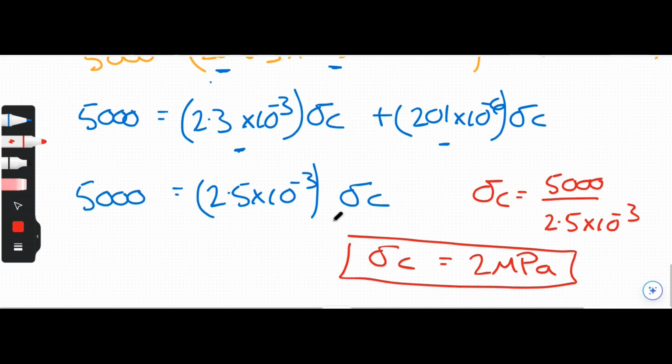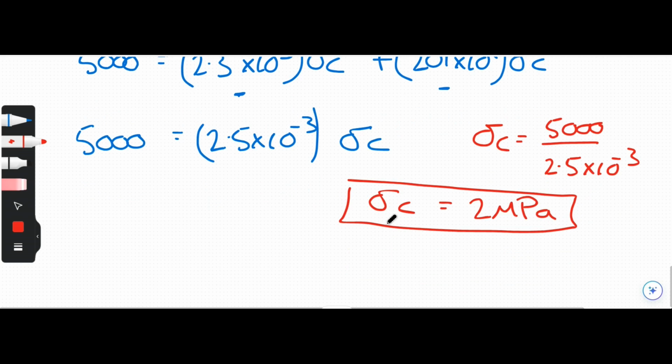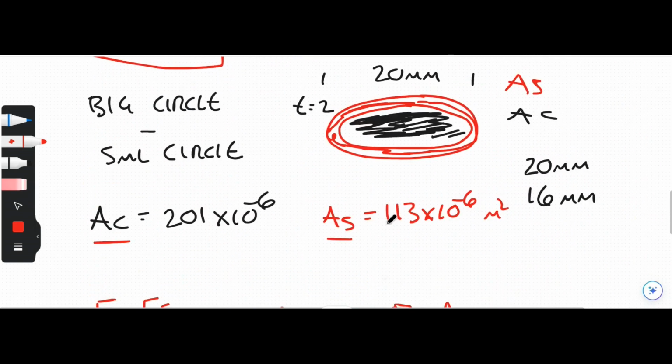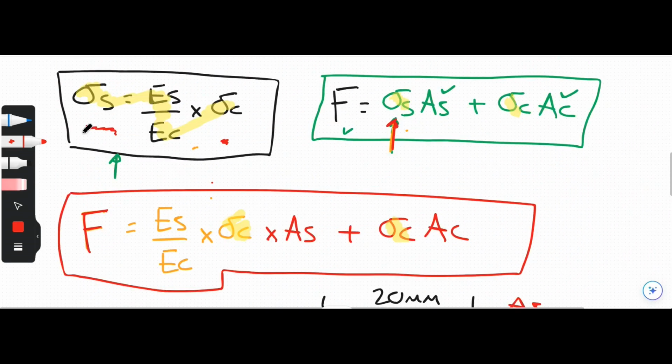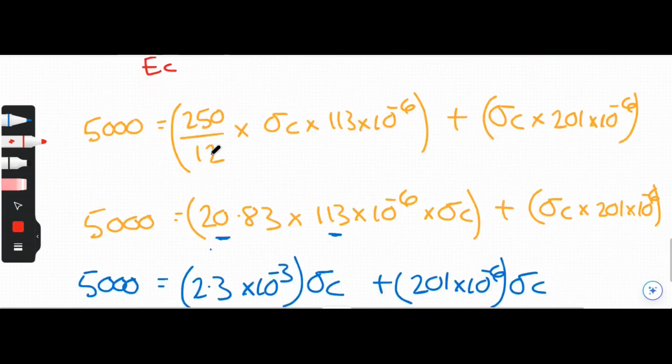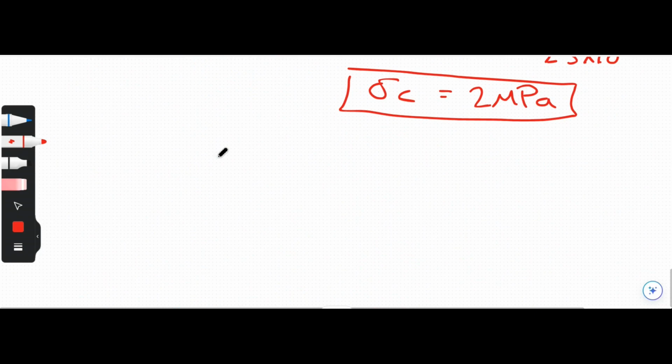Okay, that's one job done. Now I can find the stress in steel because I can use this formula here. To find the stress in the steel, use this formula. You can do your own.